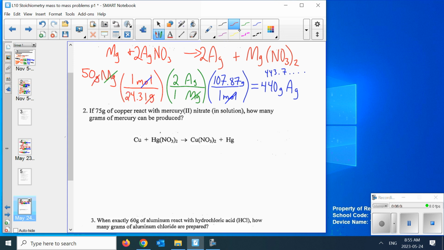75 grams of copper. I need moles. Now look it up on the periodic table. Copper, 63.5. Okay, I have information about copper. Moles. I don't want copper, I want to get rid of copper.